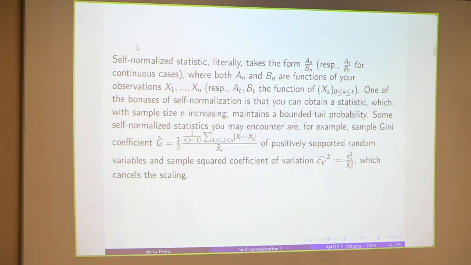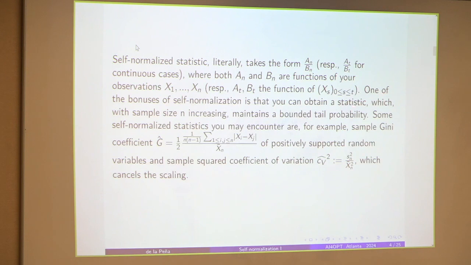So you're looking at ratios of functions of the same variables. That's why we call it self-normalization. The theory of self-normalization was developed, as I will describe later, for independent variables. I was aware of the results for independent variables, but Doob suggested working on the case of martingales.